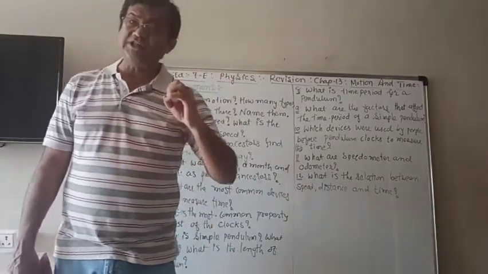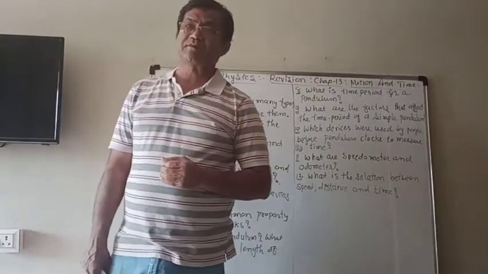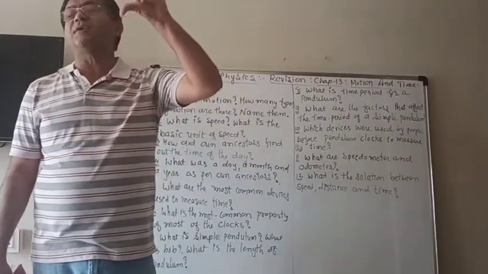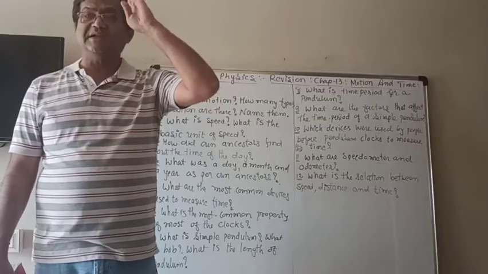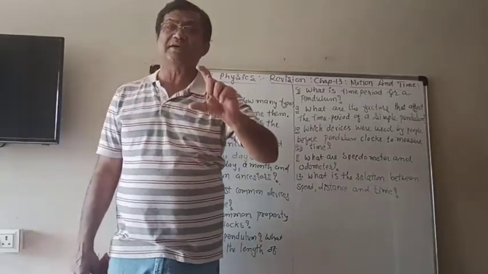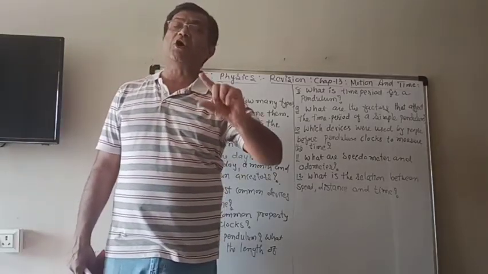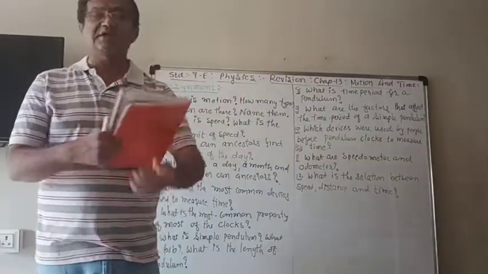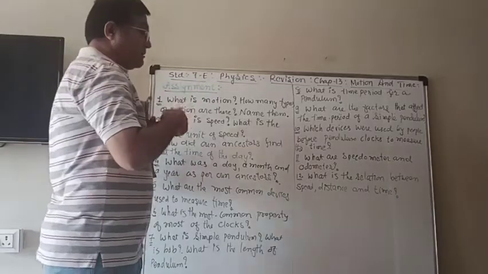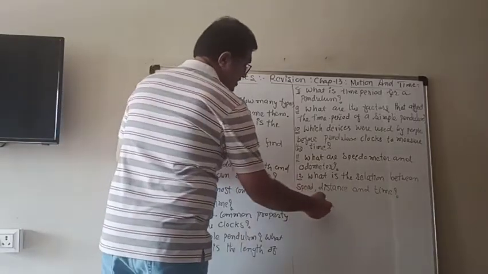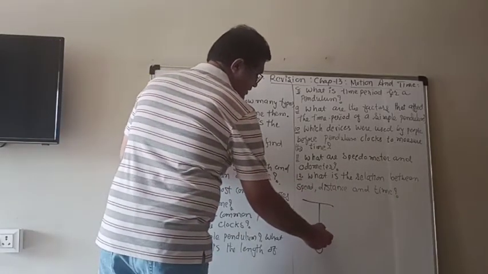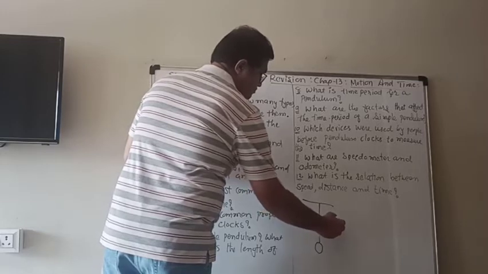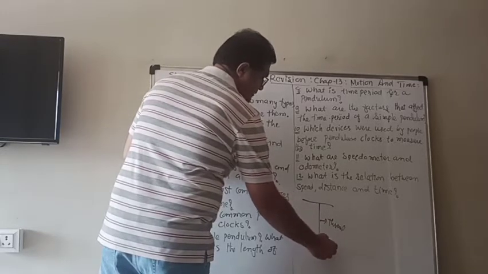Now, what is the length of a simple pendulum? It is not only the length of the thread, but the length of the thread including the length of the bob together, that is the length of the pendulum. Here is the thread and that is the bob.